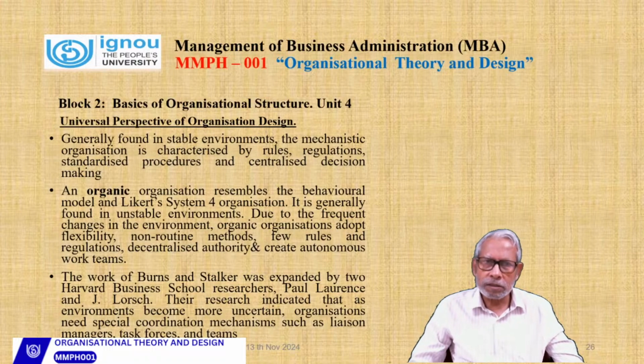Organic organizations resemble the behavioral models and systems organizations. They are generally found in unstable environments, and due to the frequent changes in the environment, organic organizations adopt flexibility and non-routine methods, few rules and regulations, decentralized authority, and autonomous work teams. So this is part of organic organizations.